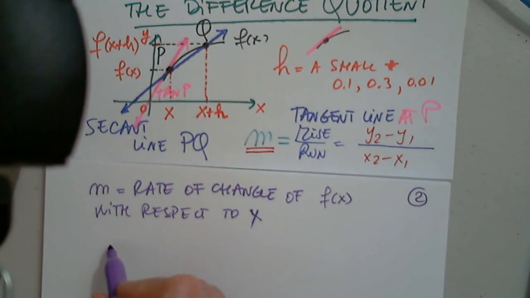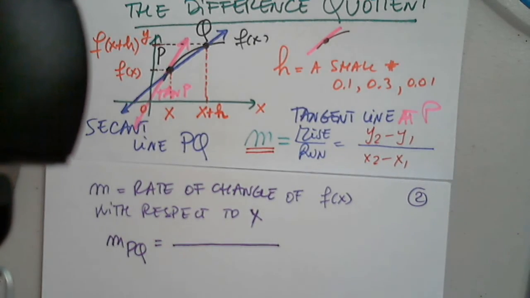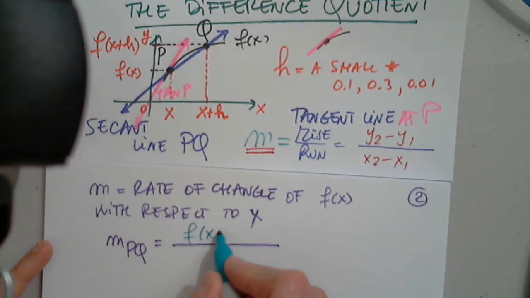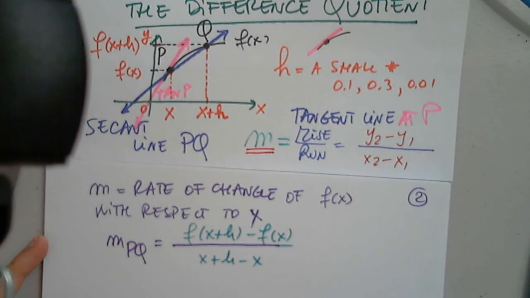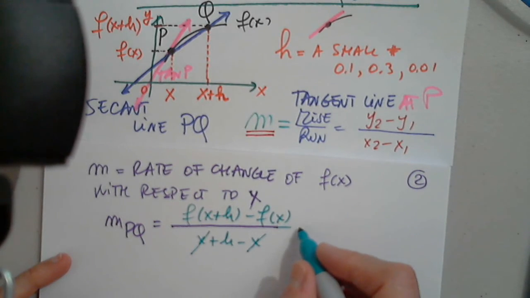So then, the slope of the line PQ now, keeping in mind the formula for the slope, will be. Who can give us that slope? Ready, when you are. F of x plus h minus f of x over x plus h minus x. That's it. Was it Nick? Yep. Excellent. Of course, the positive x with the negative x will go away.